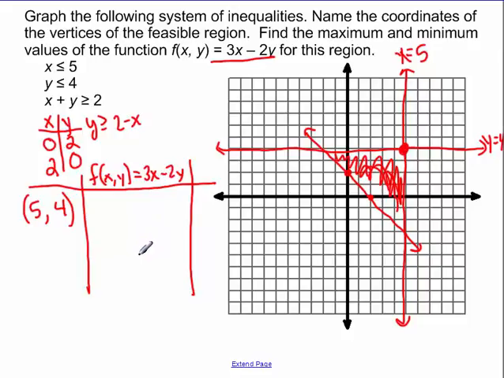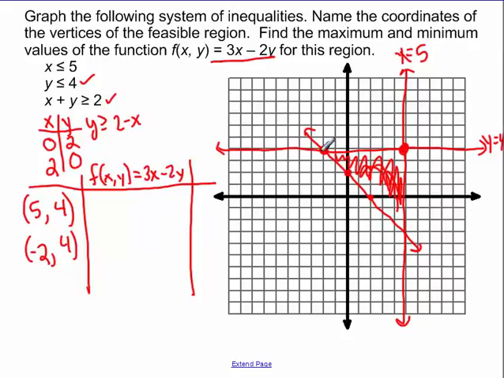Now we need to find the other points of intersection. This point of intersection is the intersection of y equals 4 and this line. If you plug 4 in there for y, because we know the y coordinate has to be 4, and I solve for x, we get negative 2.